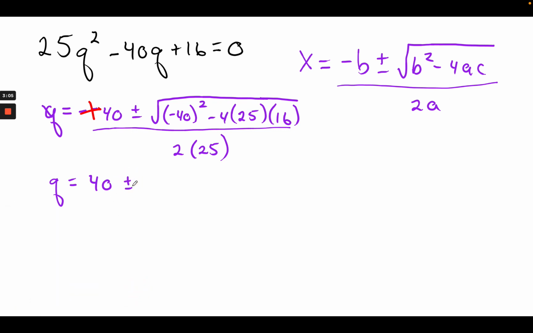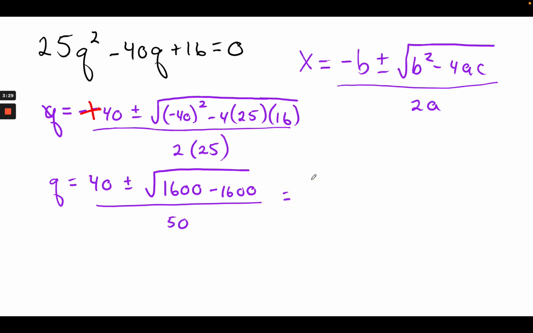Okay, plus or minus the square root of, negative 40 squared is positive 1600, minus 4 times 25 is 100. 100 times 16 is 1600 over 50. So we get 40 plus or minus the square root of 0 over 50, which equals 40 over 50, which is 4 over 5.